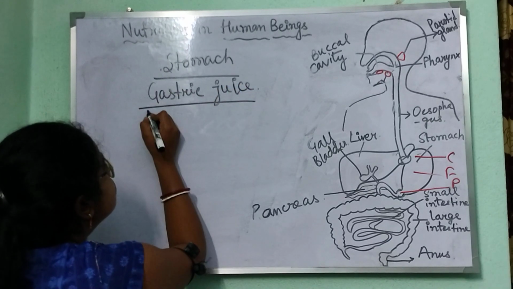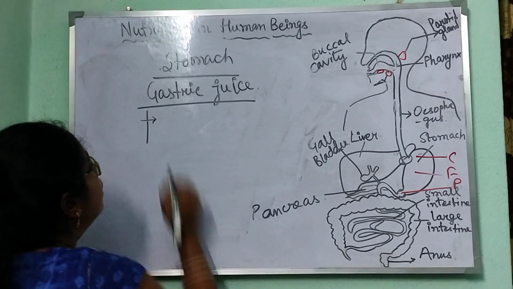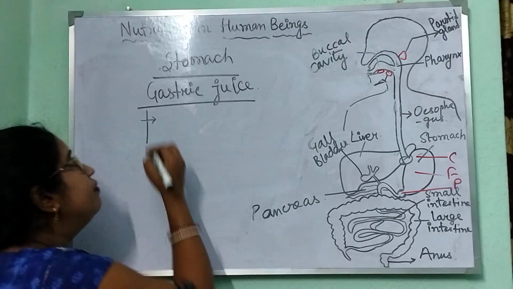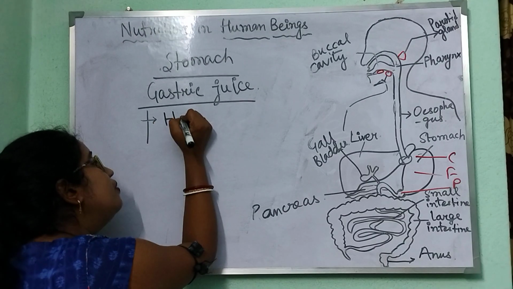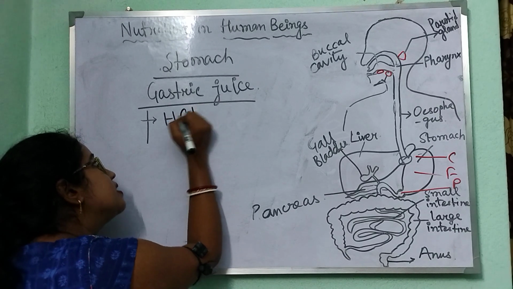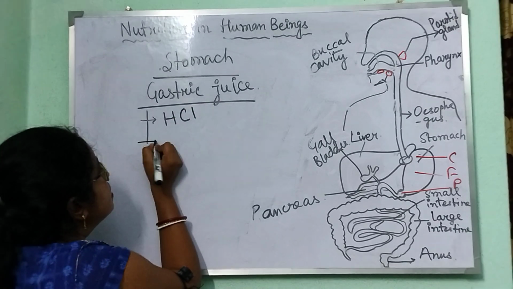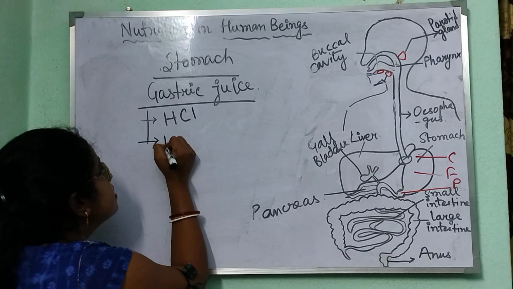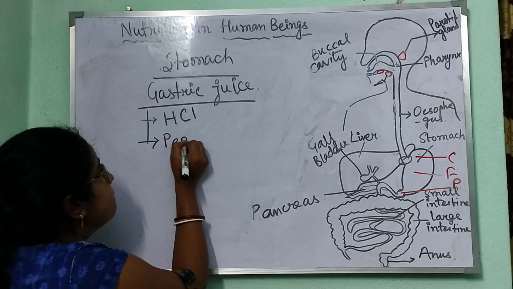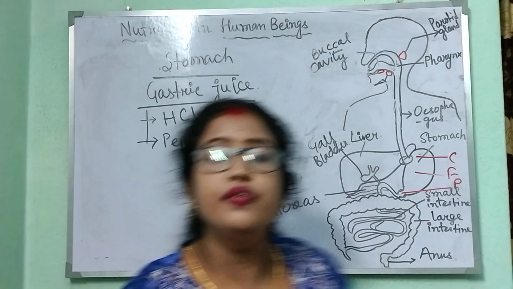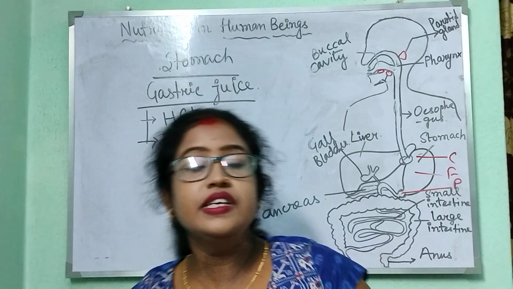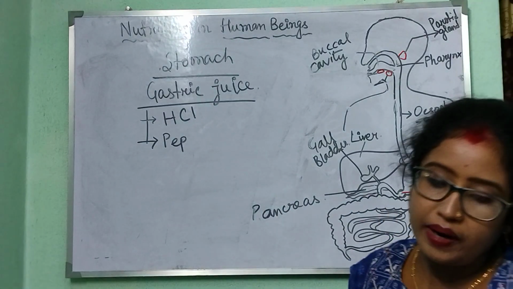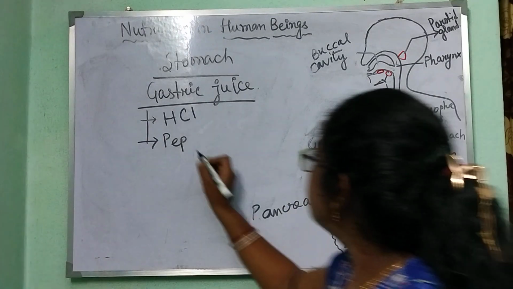This gastric juice is composed of different things. The first one is hydrochloric acid, or HCl. The second one is the enzyme which digests the protein material, that is pepsin.